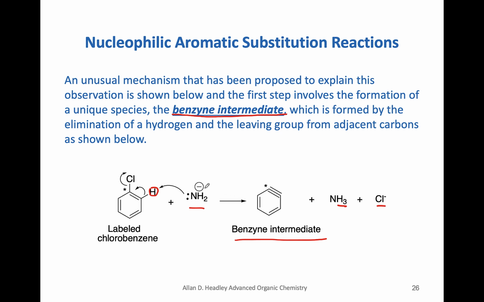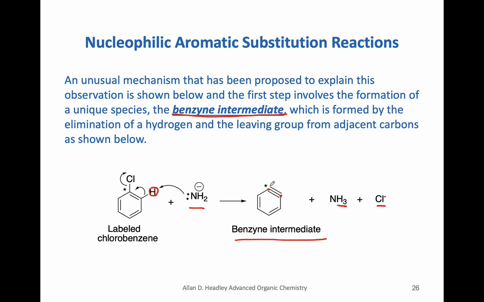As mentioned earlier, this is unique. Why? Because we have a triple bond as part of a six-membered ring. As you know from your undergraduate, this is an sp carbon and another sp carbon here. So you'd expect that to be linear.